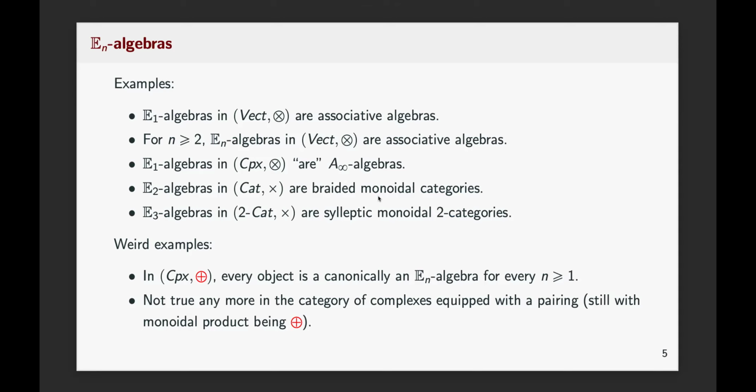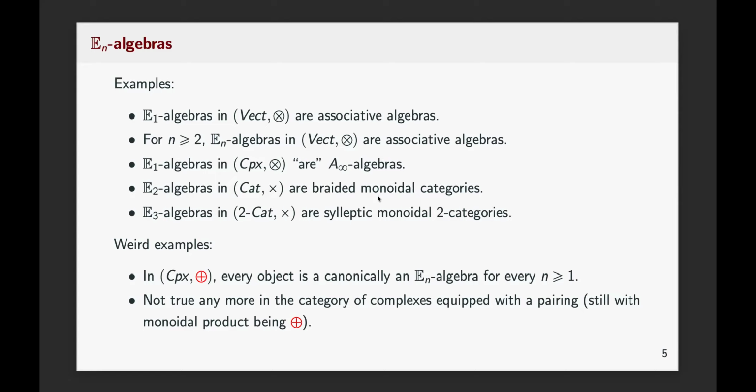E1 algebras in complexes are essentially the same as A infinity algebras. Essentially, you have your open intervals in the unit interval, and they can move a bit around, but you cannot swap them. So associativity is satisfied up to a bunch of coherent homotopies. To relate to things that we've heard about this week, E2 algebras in categories are exactly braided monoidal categories.